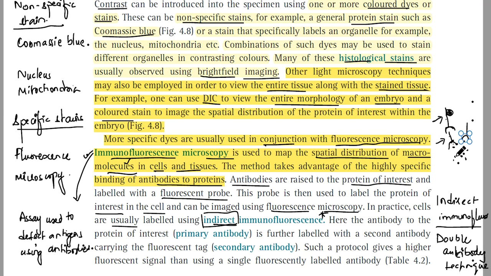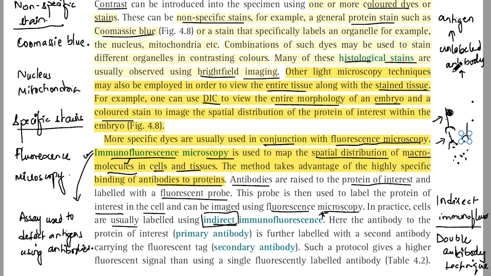Clear? Is it going into your mind what I said? Fluorescently labeled antibody. So I write here: the first one is the antigen or the protein of interest. To the antigen, what is binding? It is binding the unlabeled antibody. To the unlabeled antibody, what is binding?